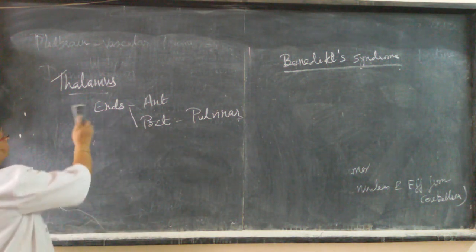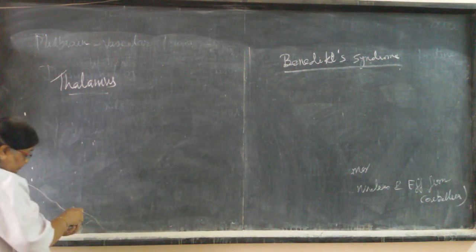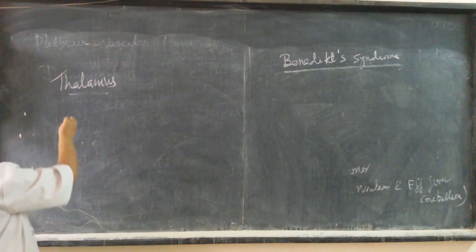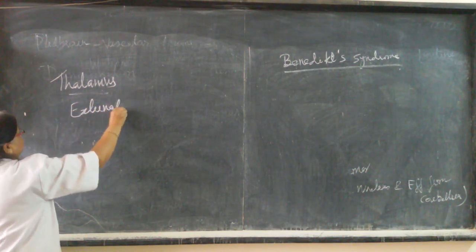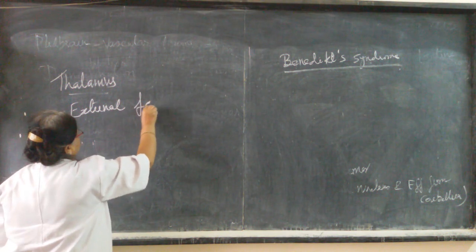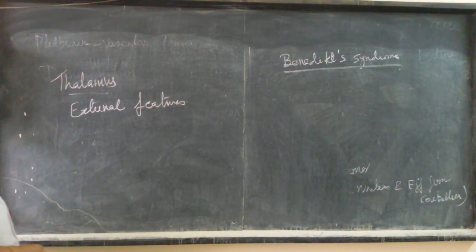Now coming to the external features of the thalamus. This has two ends, which we have seen, the anterior and posterior.